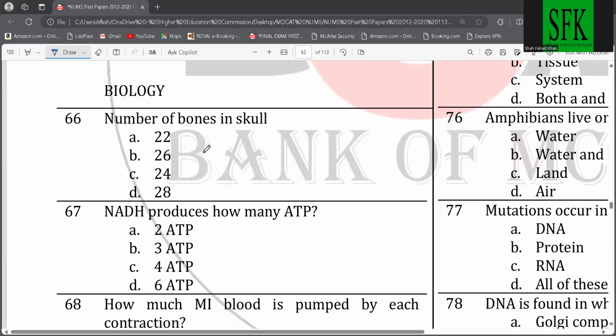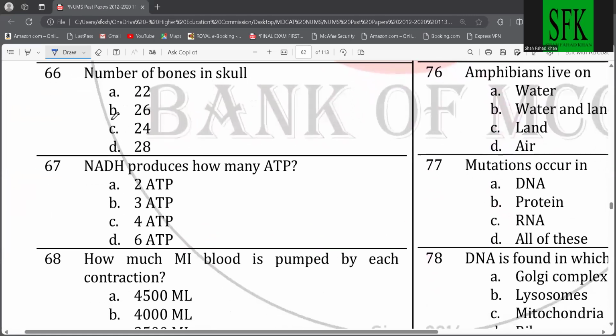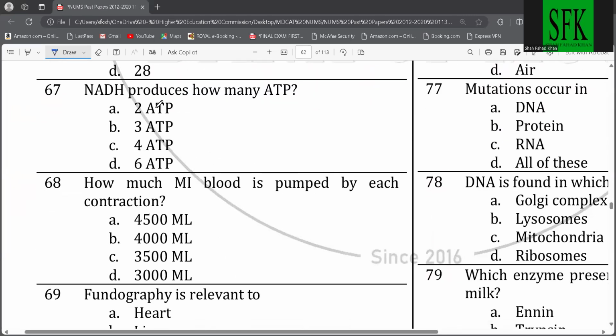The number of bones in the skull. So how many bones do we have in our skull? 22 bones. 8 cranial and 14 facial. So 8 plus 14 turns out to be 22. NADH produces how many ATP molecules?